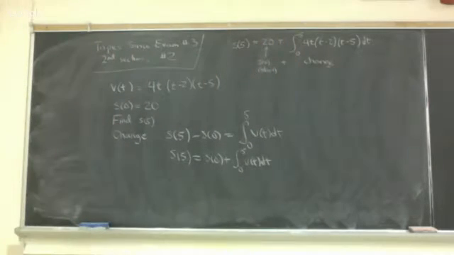So my position at time 5 is where I start plus how much I change, and the integral gives me how much I change.